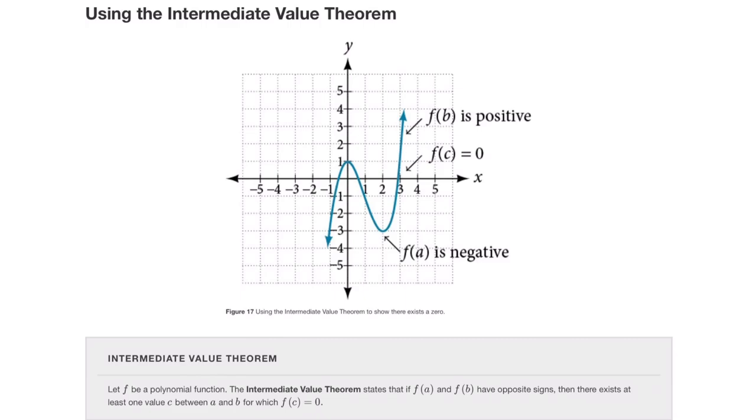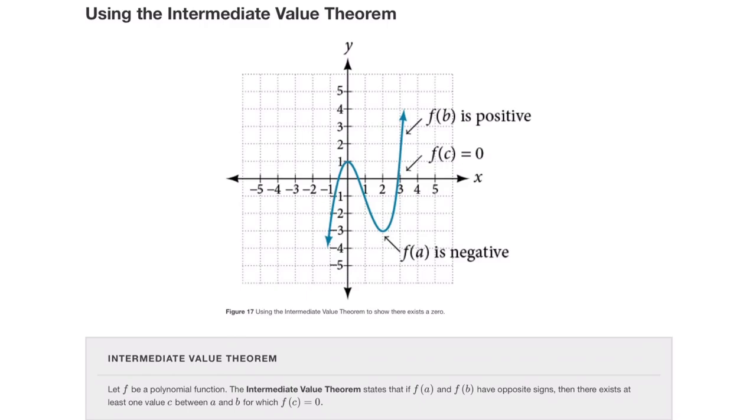If you choose several values of x and keep going, you want to pay attention to where you have a sign change. Say when x was -3, y was positive, and when x was 2, y was negative. So there has to be a 0 somewhere between -2 and -3. That's the intermediate value theorem.